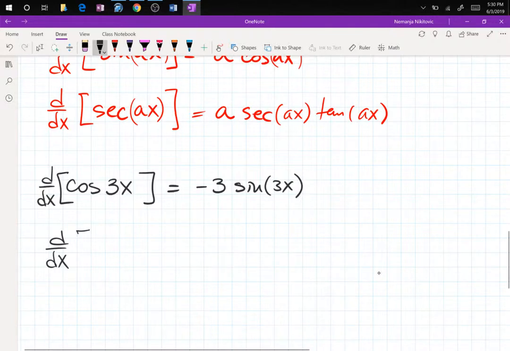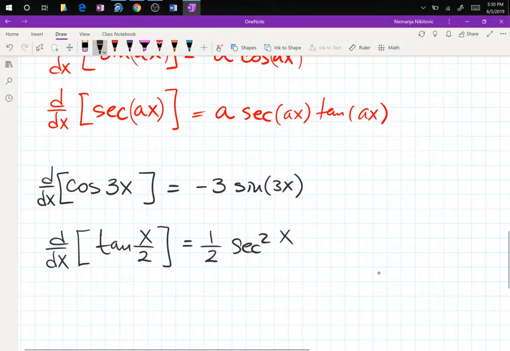What is the derivative of tangent x over 2? X over 2 secant squared x over 2. 1 over 2 secant squared x over 2. Why would you put the 1? Why would x become 1?